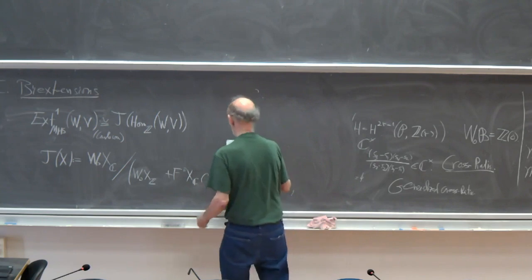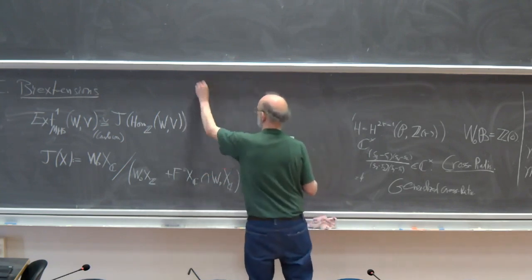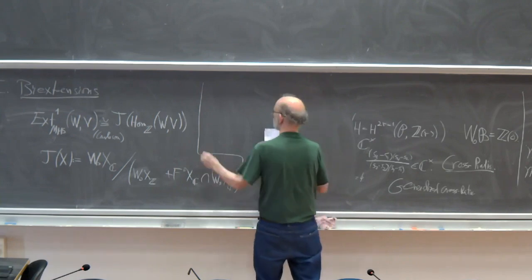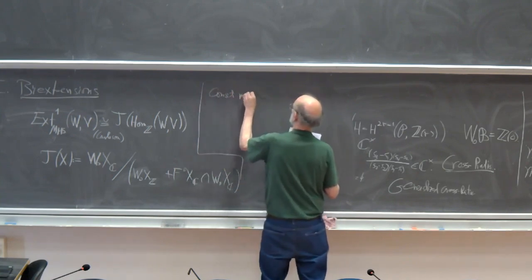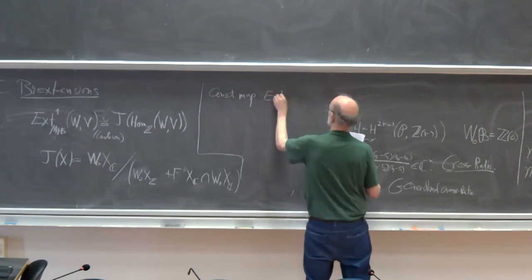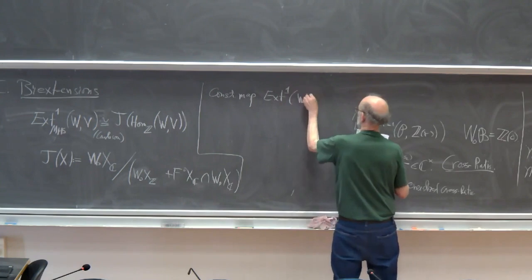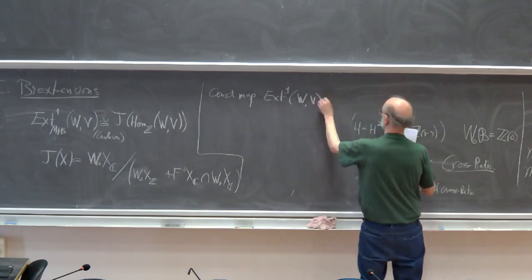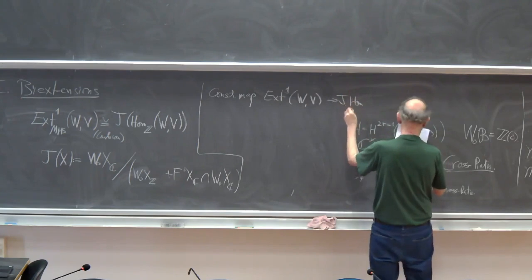I don't want to take too much time on this, but just to give you a flavor of how it works, we construct a map from Ext1 of W, V into this J of Hom.